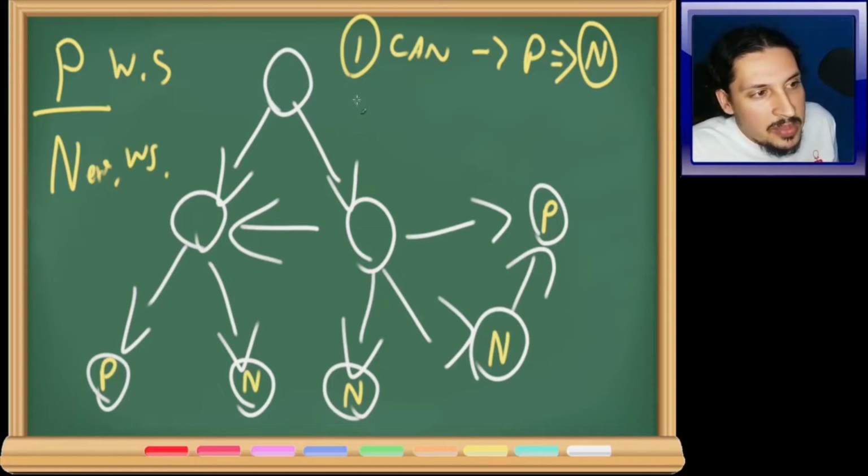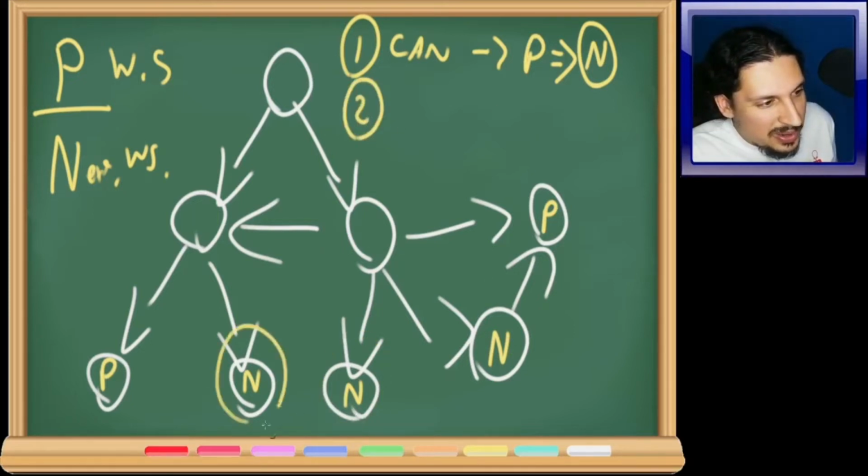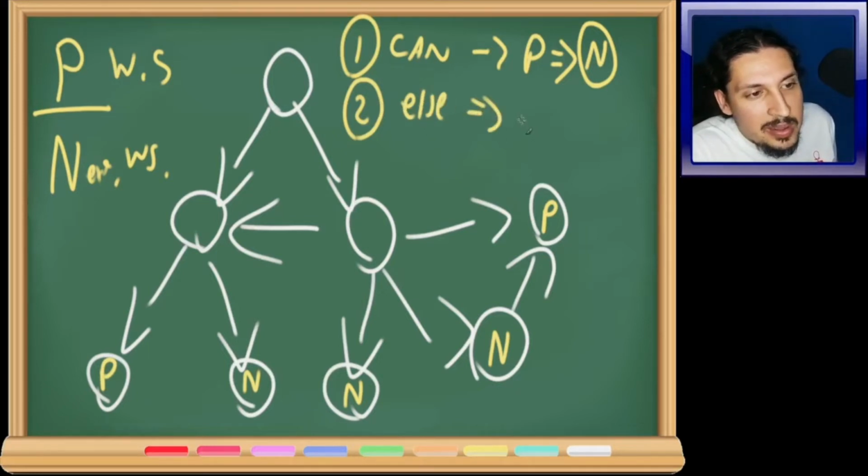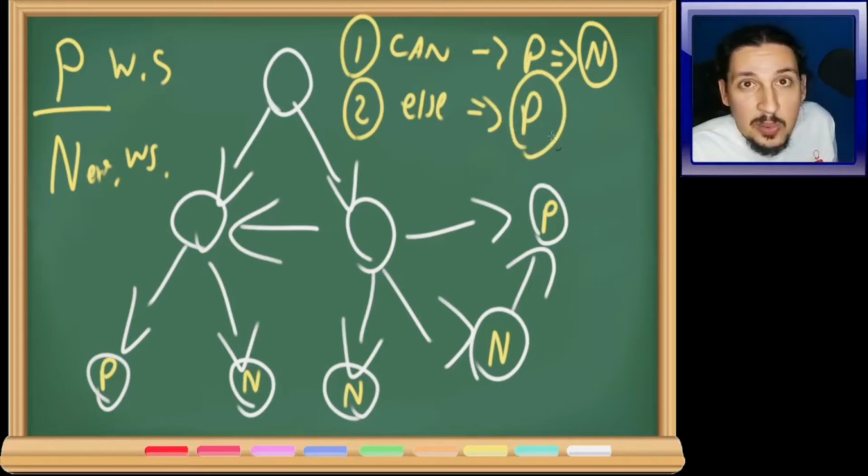And the other rule is much easier, except for the terminal positions, which we have to deal with first. For all the others that are non-terminal, else, if you cannot, then you are a P position yourself. Which means that if you start at that node and have to move, well, you lose. You don't have a winning strategy.